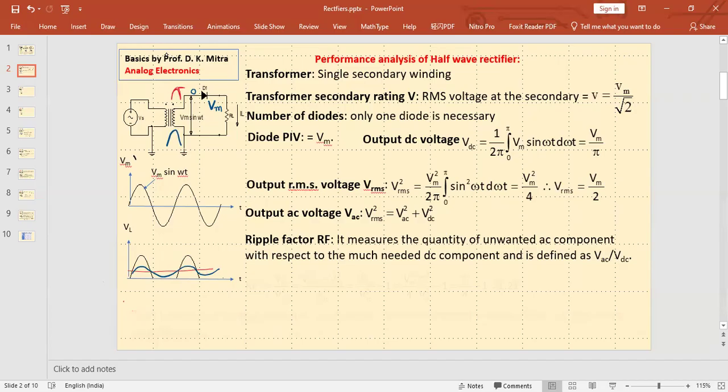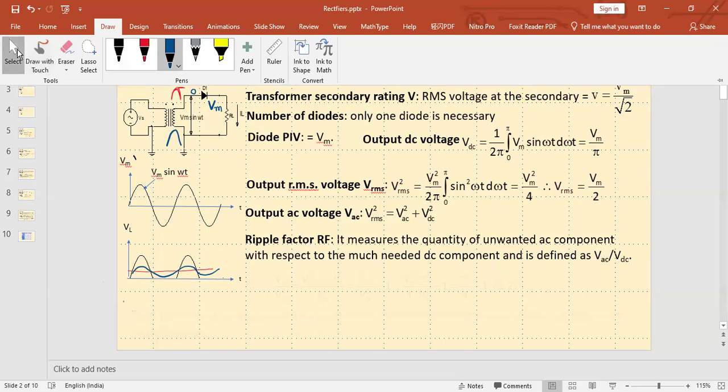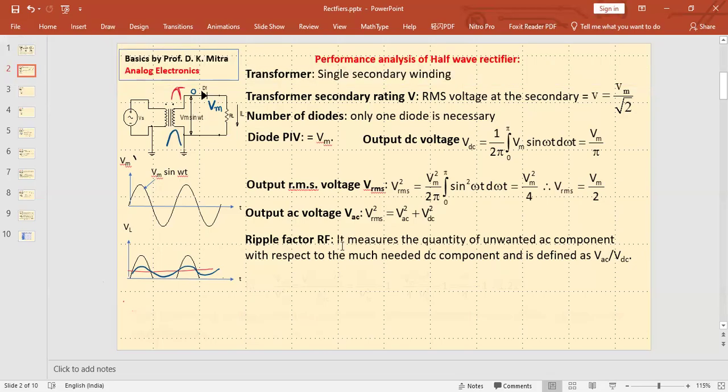Now, the fundamental frequency of this AC waveform is called the ripple frequency. And the ripple factor we are now talking about is just a ratio of VAC by VDC.